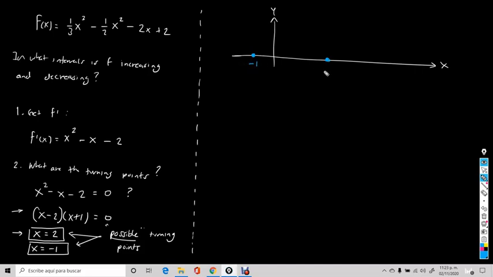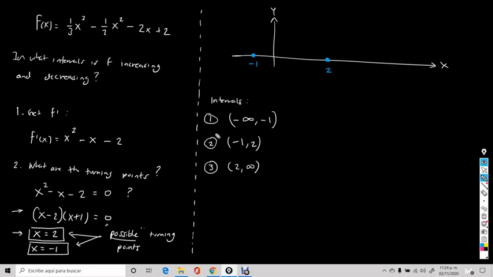So basically, I expect to see my domain divided into three zones, which we'll call intervals. We have 3 intervals. Interval 1 is from minus infinity to minus 1. The second interval is from minus 1 up until 2. And the third interval is from 2 to infinity.